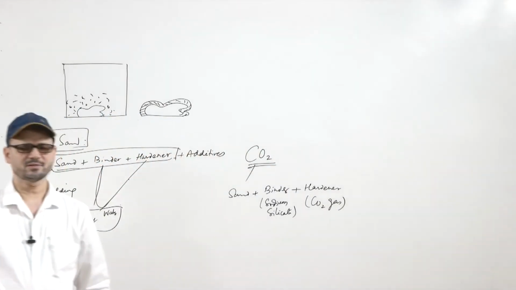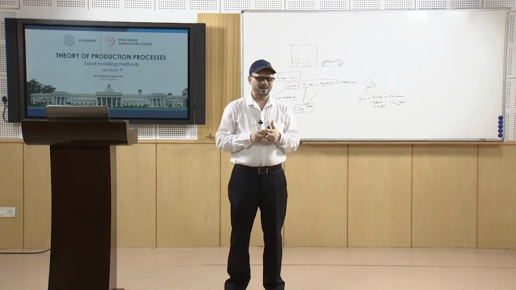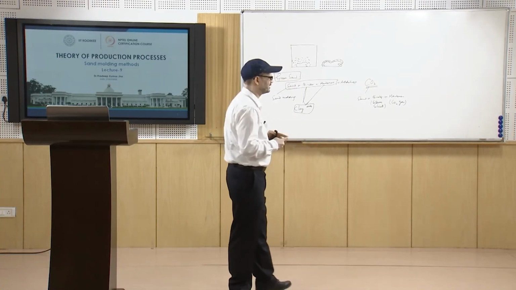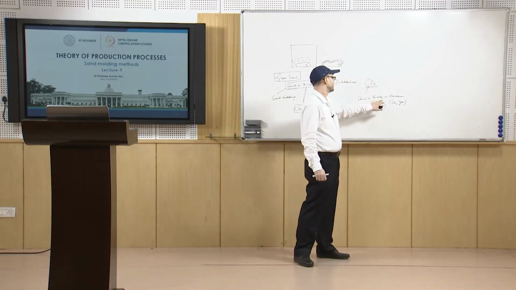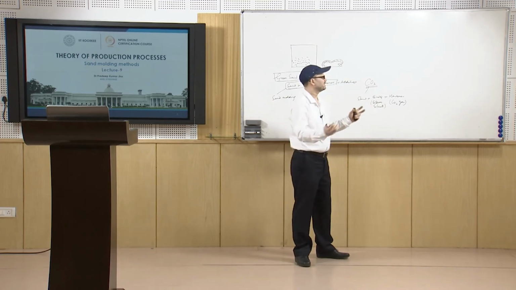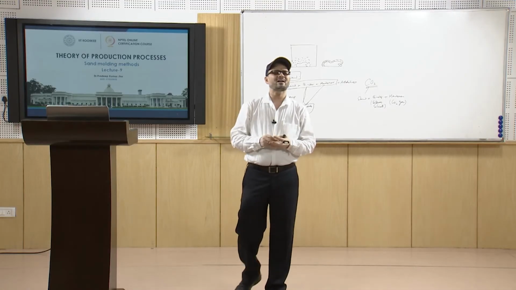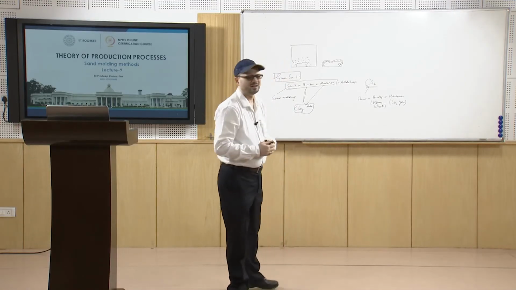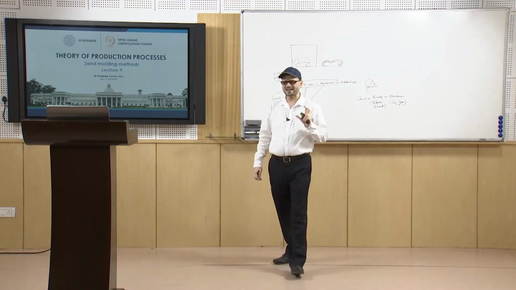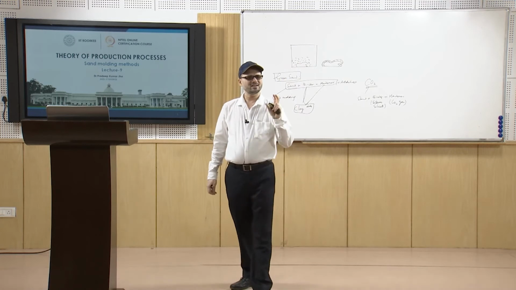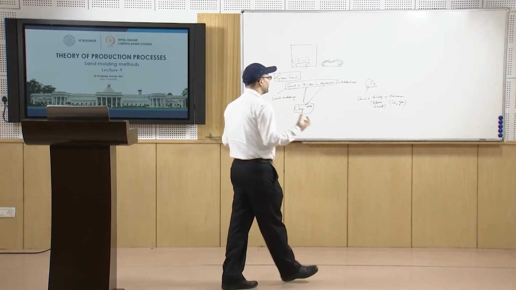You make the sand mix by mixing sand plus sodium silicate, a fixed percentage of the weight of the sand, and then the mold is made. Once carbon dioxide gas is passed through it, there is a reaction between sodium silicate and carbon dioxide that makes silica gel, and this silica gel is responsible for giving adequate strength.